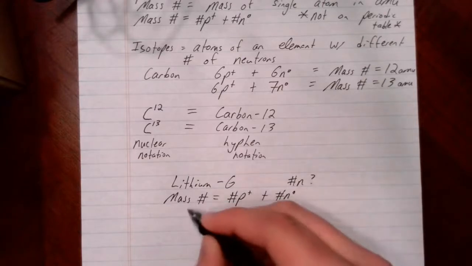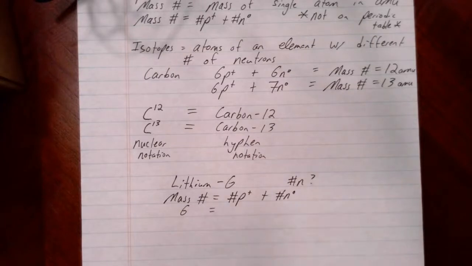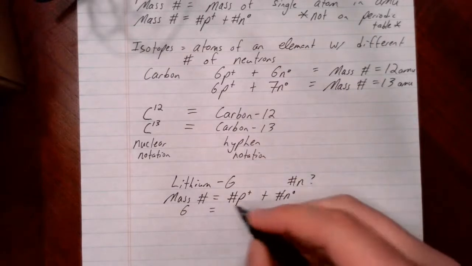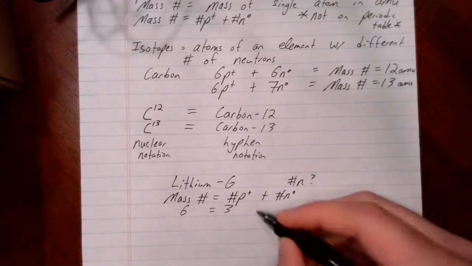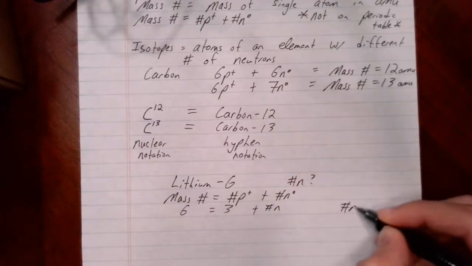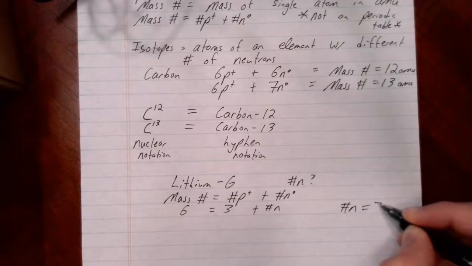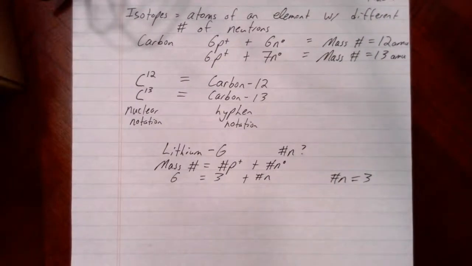In this case, the mass number is 6. The number of protons in lithium is 3. I don't know the number of neutrons, but I can do some simple algebra here, and I see that the number of neutrons equals 3. So in this particular lithium atom, I have 3 protons and 3 neutrons in the nucleus.